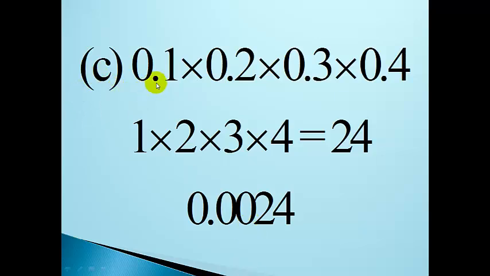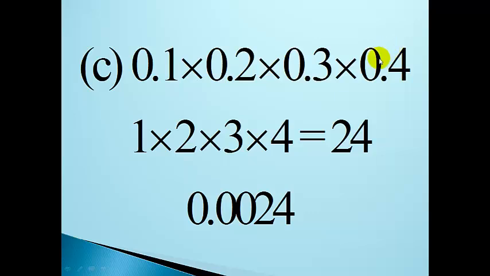Now C. 0.1 times 0.2 times 0.3 times 0.4. You ignore the decimal point and multiply the numbers. So we have 1 times 2 times 3 times 4, which is equal to 24. Now take note, we have 1 decimal place here, 1 here giving us 2, 1 here giving us 3, and 1 here giving us 4.